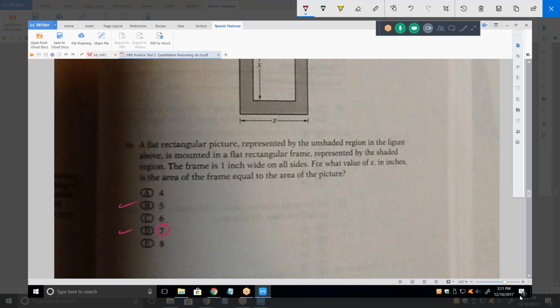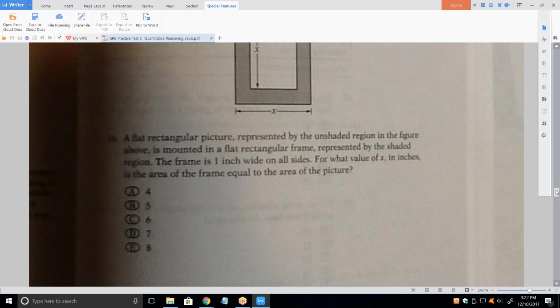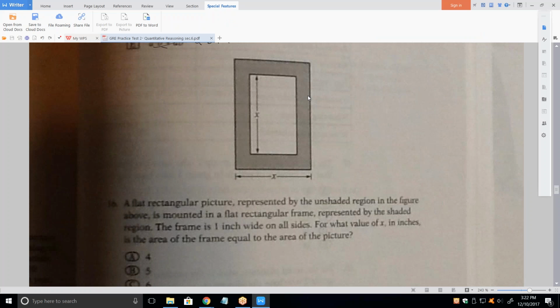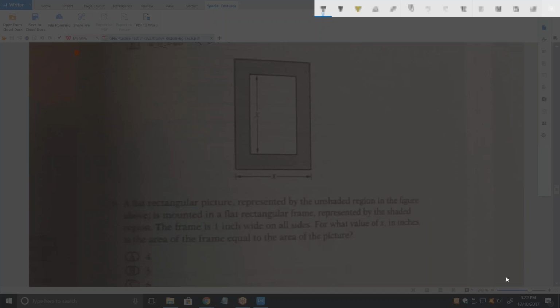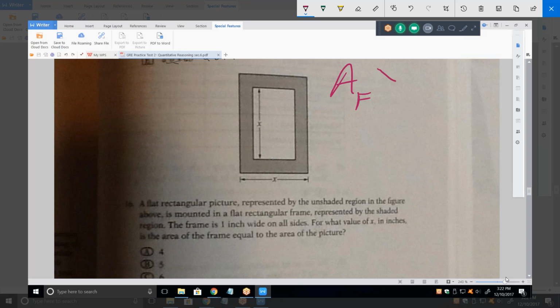Right. You can't always. Some problems look like they lend themselves to back solving, but when you do it, it's kind of reverse, and you don't really know whether you need to go higher or lower. But notice in this problem here, if the area of the frame is greater than the area of the picture, well, then clearly I got to make the area of the picture bigger, which means X has to go up.